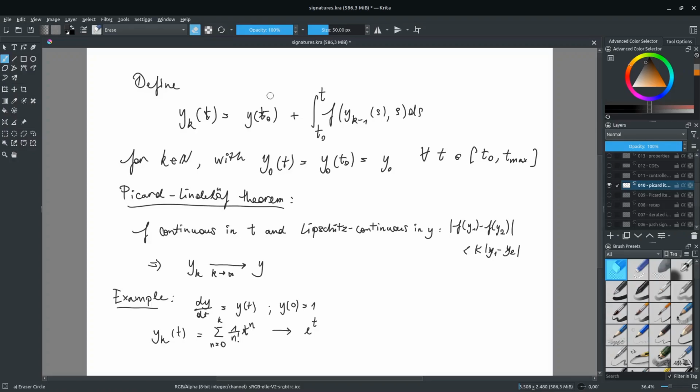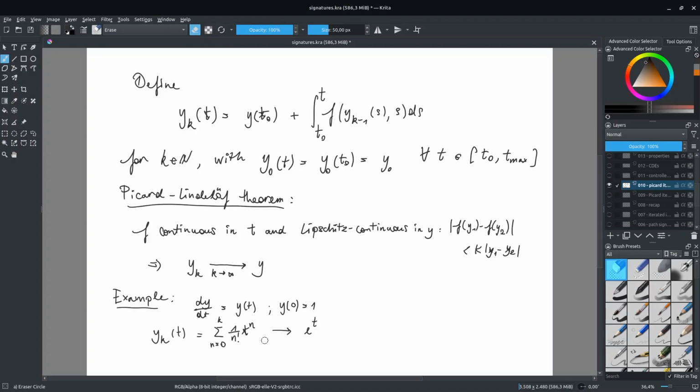And so an example. It takes some calculations to do the full details, but let's say I have the equation dy over dt is equal to y(t), with initial condition y(0) equal to 1. It turns out that by doing these calculations, the kth term of my sequence, y_k(t), is simply the sum from n equals 0 to k of 1 over n factorial times t to the power n.